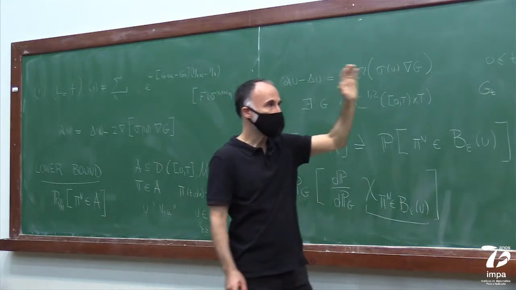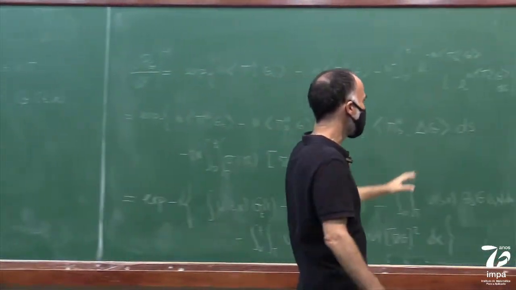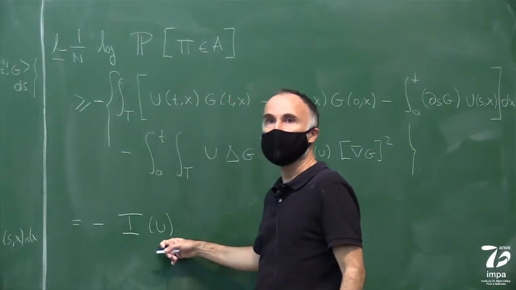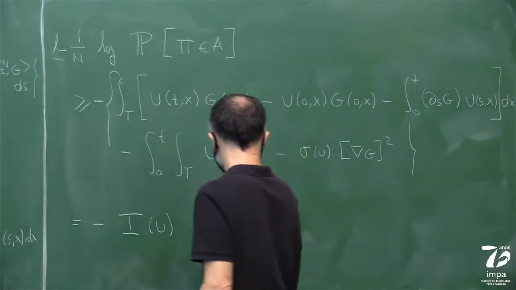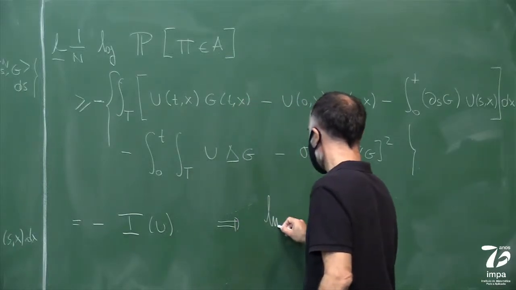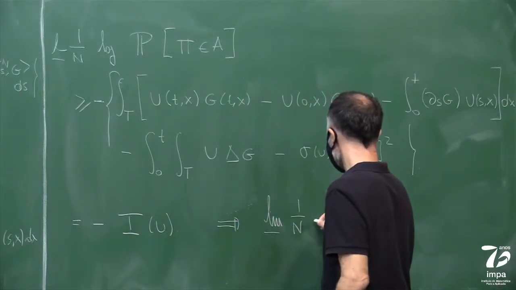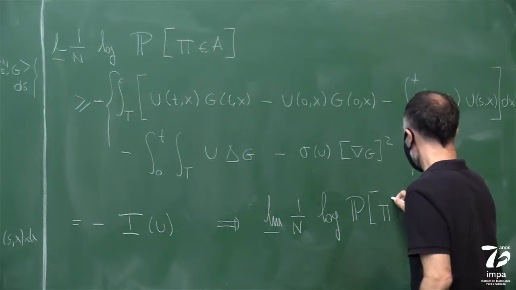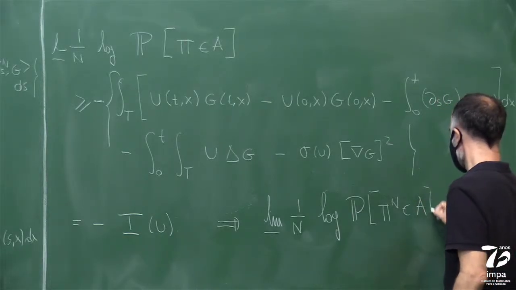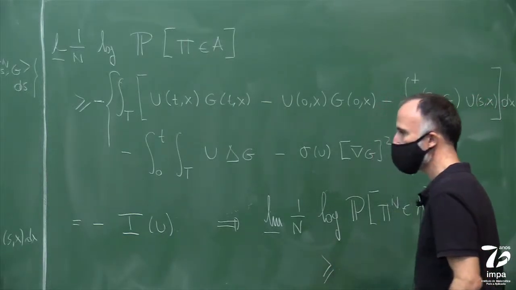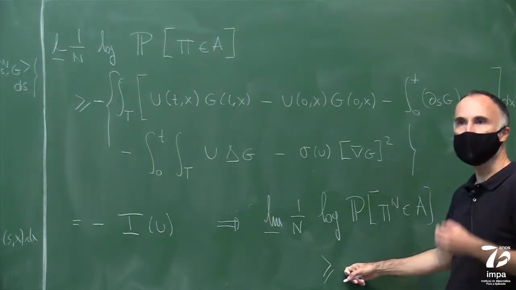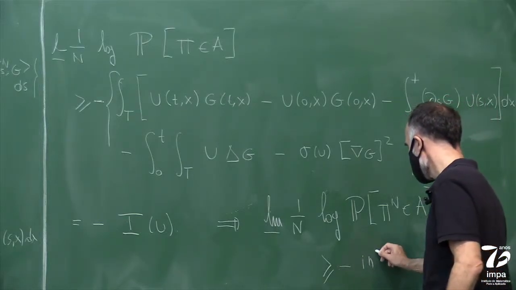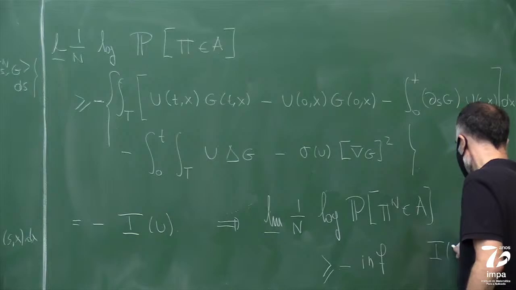So what we proved at the end is that, let me optimize this inequality over all such u. So that will entail that the limit inf of 1 over n log of the probability that pi n belongs to A is larger or equal. So I will have a sup here because I'm optimizing, but with a minus it turns out to be an inf of I of u.